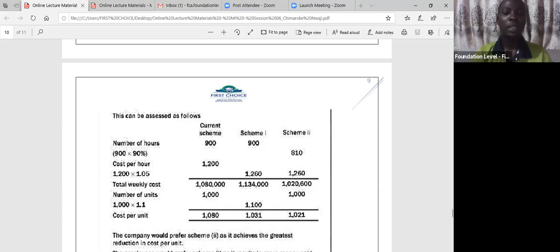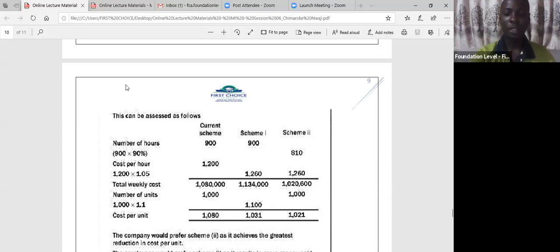So in scheme 2, they say you will do your 1,000 units, but instead of spending 900 hours, you are spending 10% less. What does it mean to spend 10% less than 900 hours? It means 1 minus 0.1.